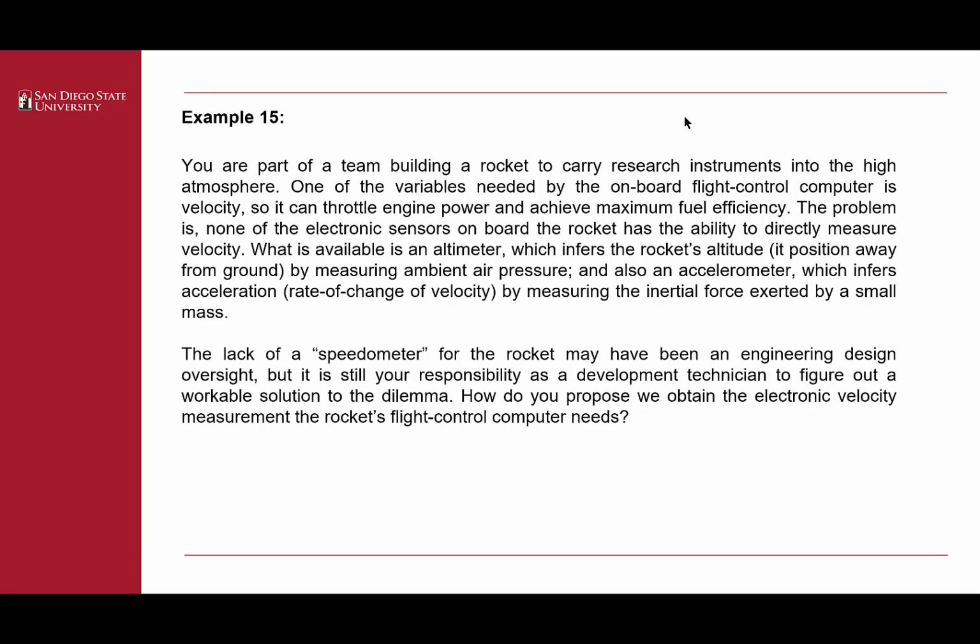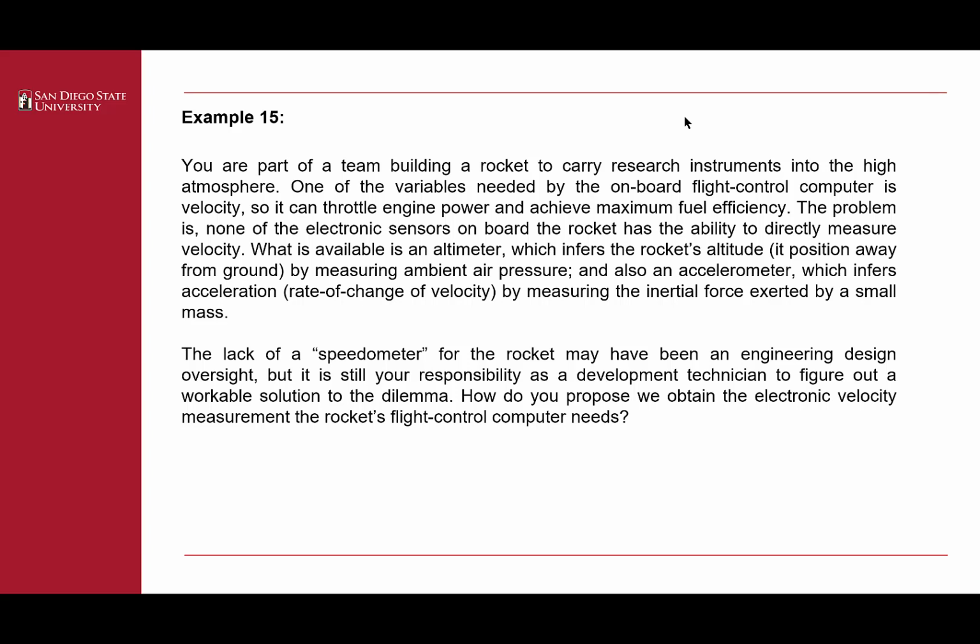What is available is an altimeter, which infers the rocket's altitude, its position away from ground, in other words the distance from the ground, by measuring the ambient air pressure.